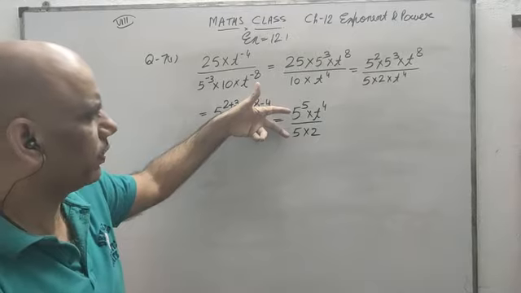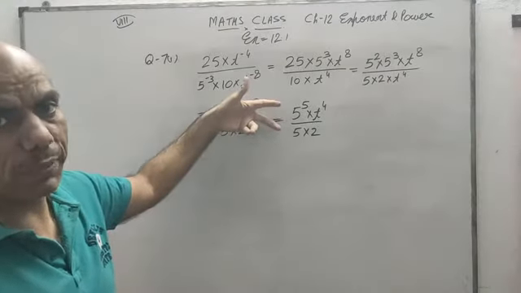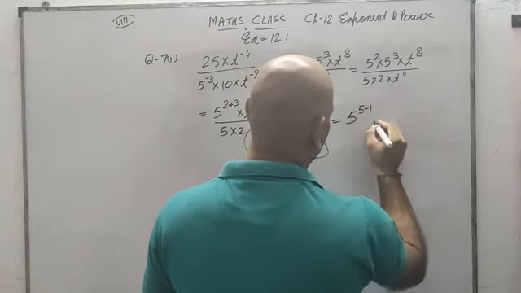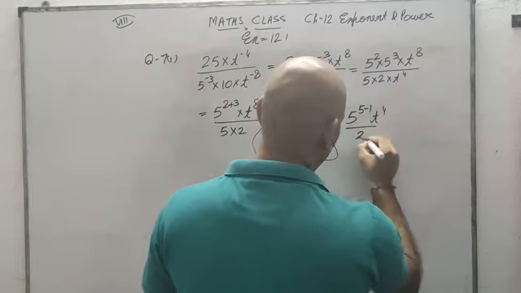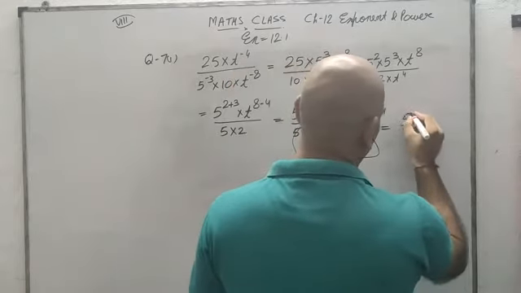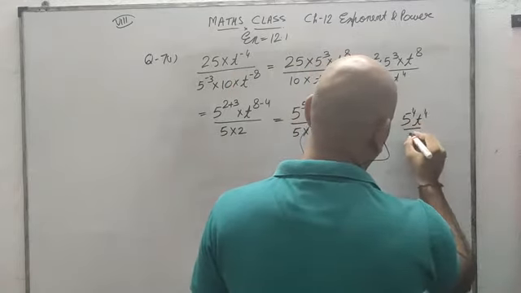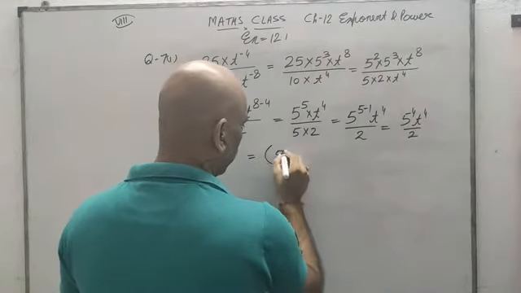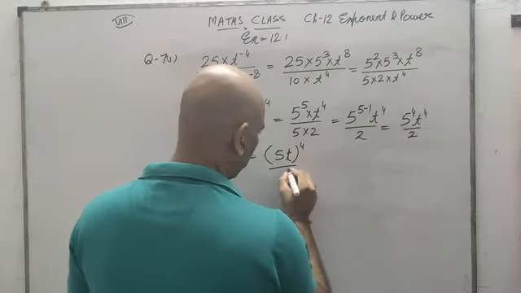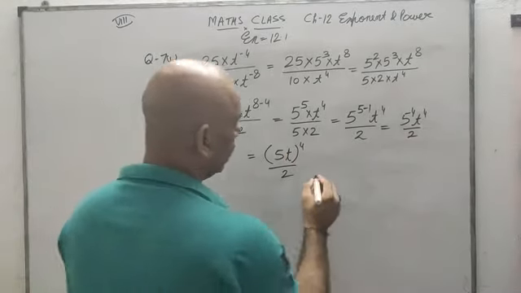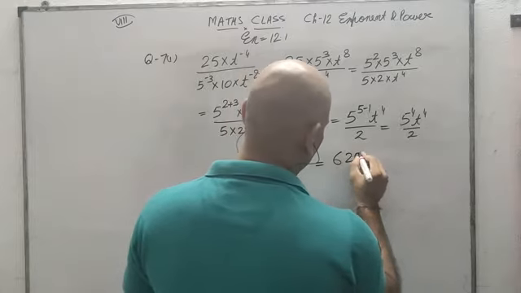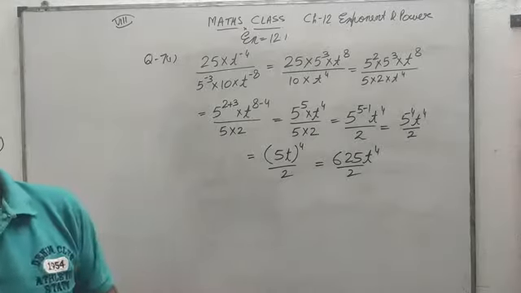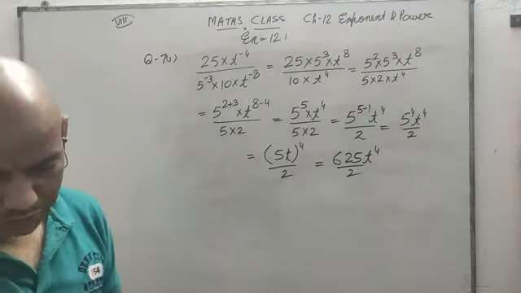These two are the same base, they are in division, so powers will be subtracted. So I got 5 to the power 5 minus 1, t to the power 4 upon 2, or 5 to the power 4 t to the power 4 upon 2, or it can also be written as 5 t to the power 4 upon 2. You can also write it 625 t to the power 4. Okay, so this was the first part of question number 7.